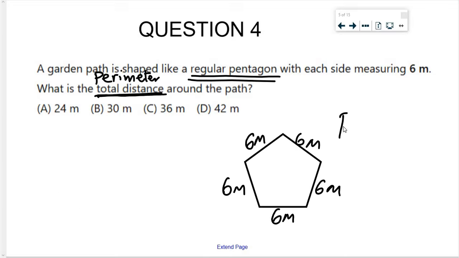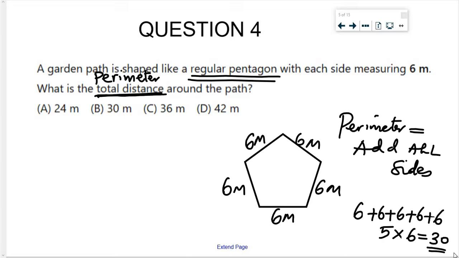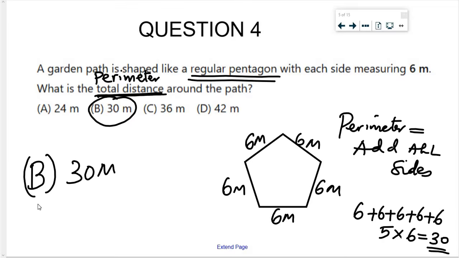So we're going to say perimeter equals add all sides, meaning 6 plus 6 plus 6 plus 6 plus 6, 5 times. So this is the same as 5 into 6, which equals 30. So the correct option is option B, which is 30 meter.